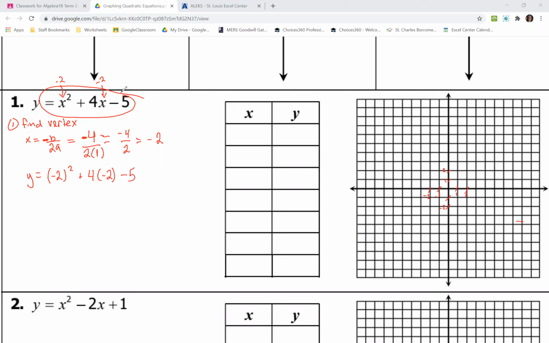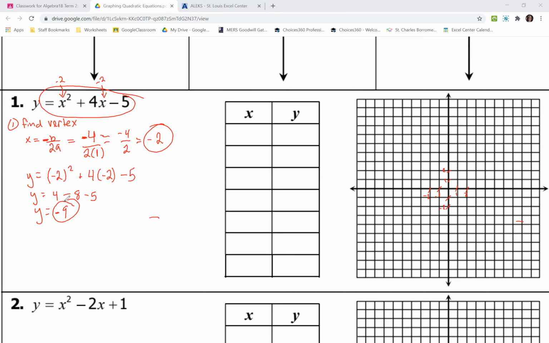You can use your calculator on this. They shouldn't be too crazy, but just be careful with your negatives. Negative 2 squared is positive 4. 4 times negative 2 is negative 8, minus 5. Negative 8 and negative 5 make negative 13, plus 4 gives me negative 9. So my x is negative 2 and my y is negative 9.